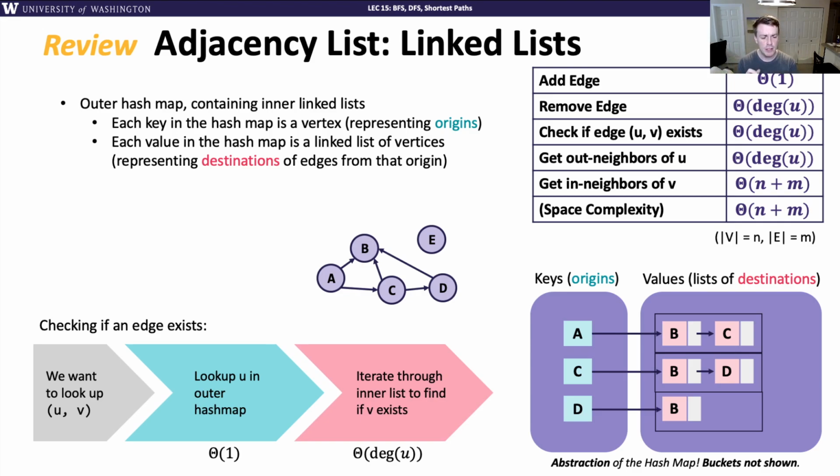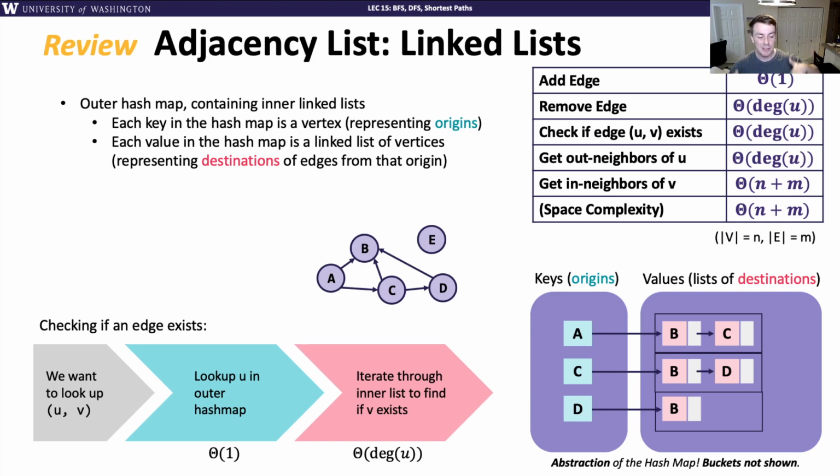Now, one thing I want to quickly mention about this picture, at the bottom right, the keys and the values, the origins and the list of destinations: notice that we're drawing an abstract picture. You might use a hash map for this mapping from keys to the values, but I don't need to draw all of the extra internal buckets and extra space.